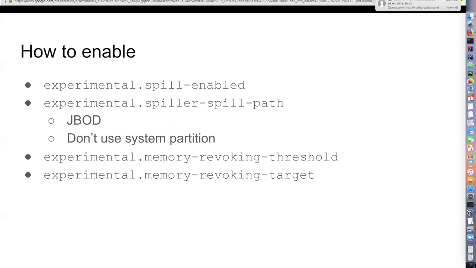So when the total memory reservation of the general pool reaches 90% by default, then the scheduler will try to reduce that by default to 50%.